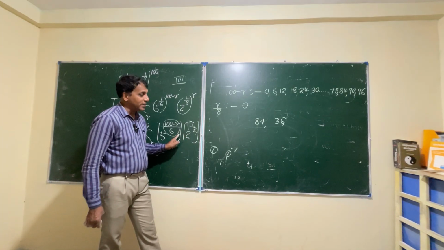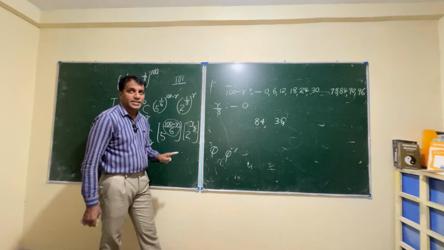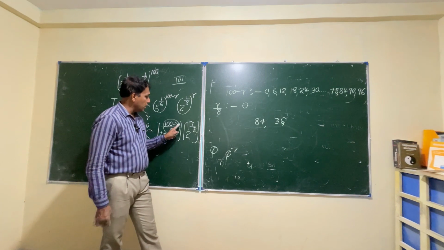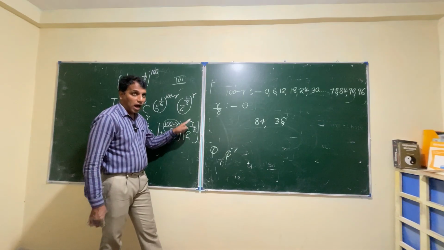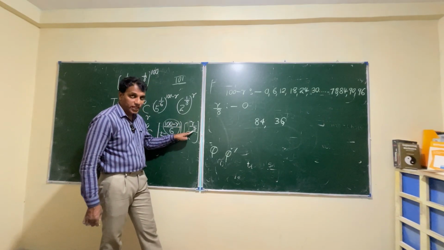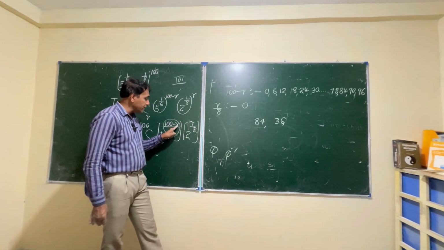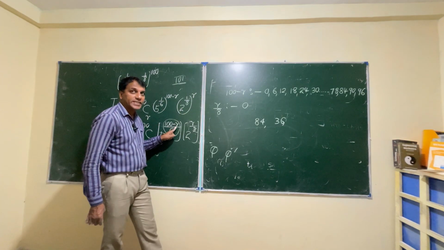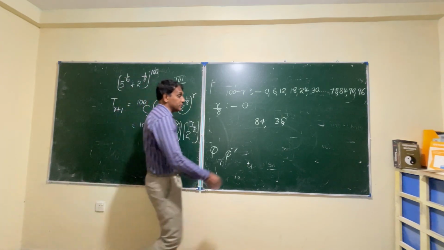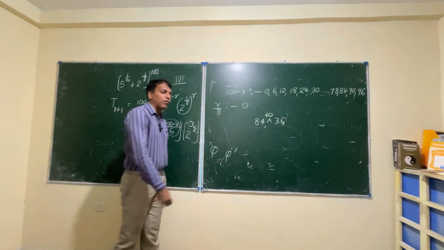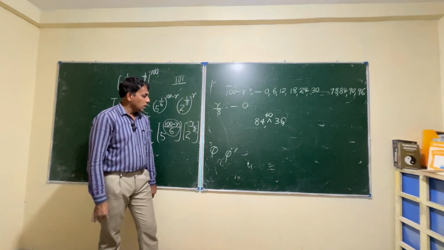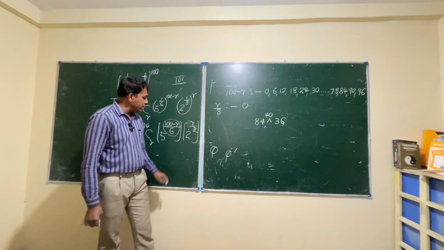We need to build these values as we go. 84 comes, 36 comes. Here 100 minus r is 60, 40. If r is 40, 100 minus 40 is 60, which is possible. So 84, 40, 36.